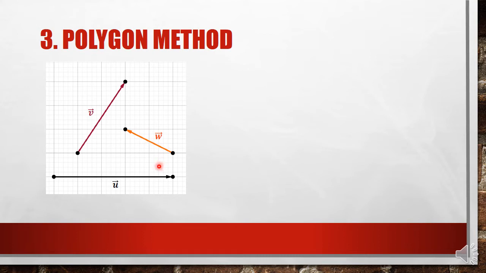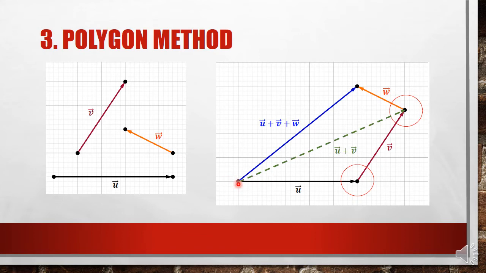Using head to tail method, we place vector u like this, and then we connect the head of vector u with the tail of vector v, and then connect the head of vector v with the tail of vector w. And the resultant vector of this is when we connect the tail of vector u, or the first vector, with the head of vector w, or the last vector. So this is the resultant vector.